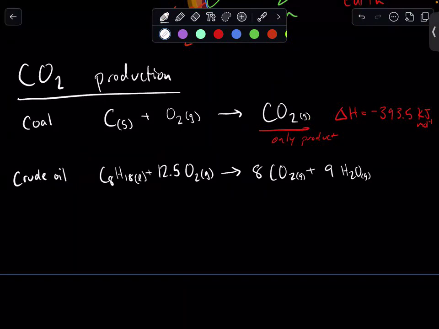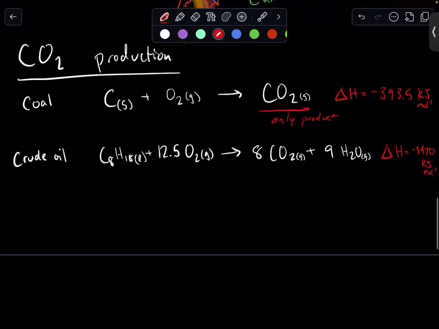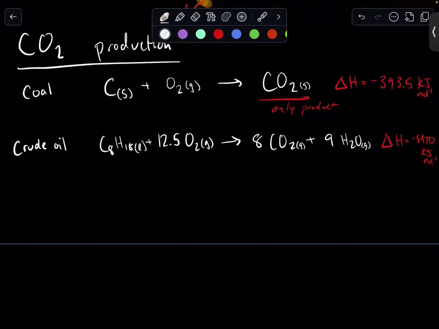Now we see that carbon dioxide is not the only product, which is nice because it means that not all of this is becoming a greenhouse gas of carbon dioxide. Water is a greenhouse gas, but it's a little bit better. So this has a delta H of negative 5470 kilojoules per mole. We're going to come back to these enthalpy values in a moment, so I'm keeping them off to the side.